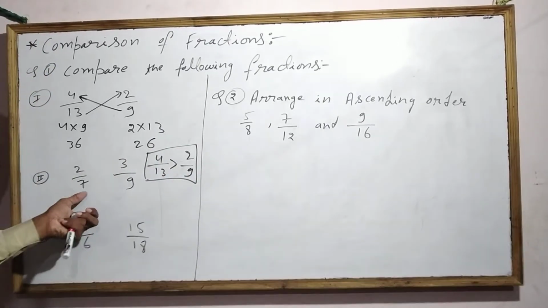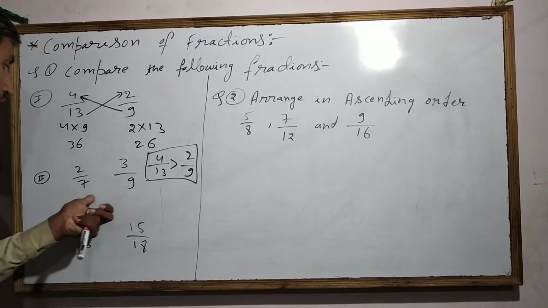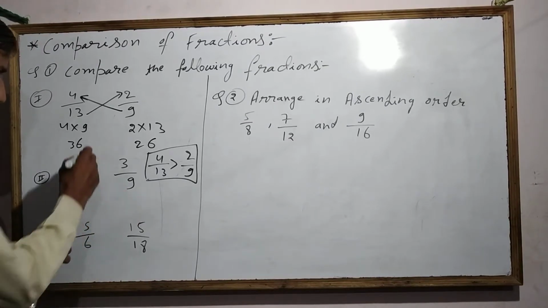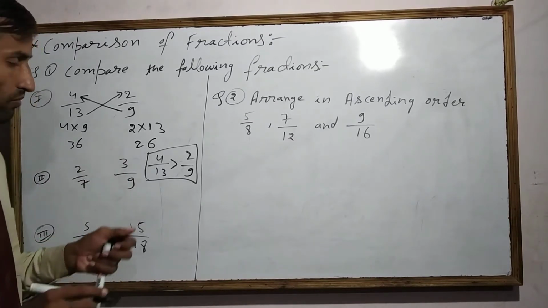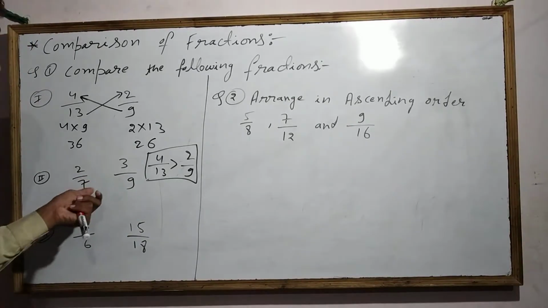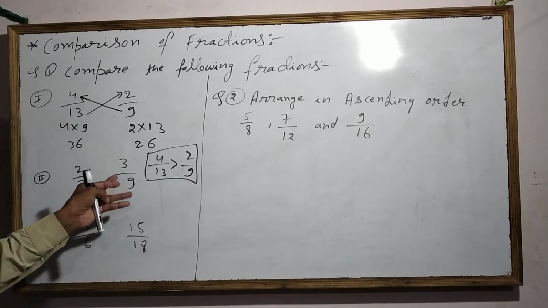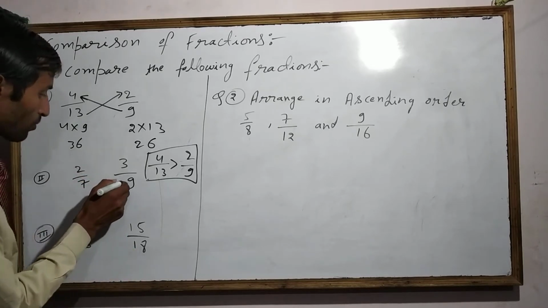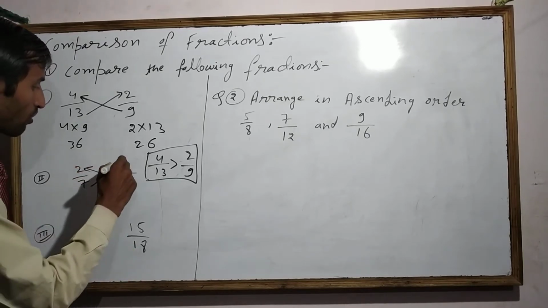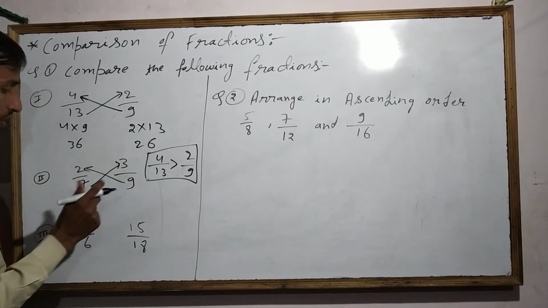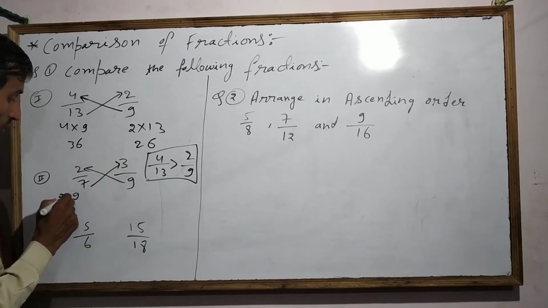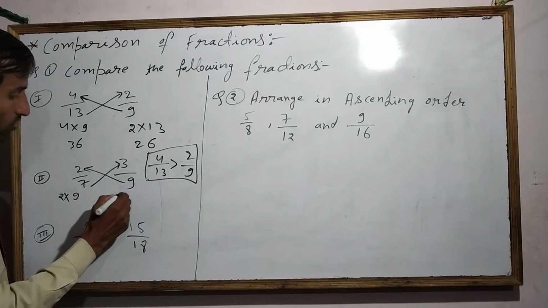After that, we have to compare these two fractions. This symbol will come on this side or that symbol on that side. It may also be an equivalent fraction. The main process is again cross multiplication. Just cross multiply here: 2 into 9 and 3 into 7.